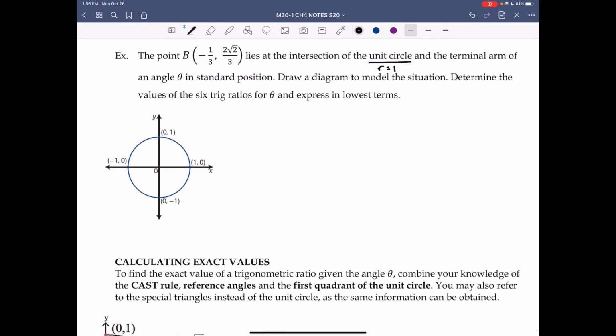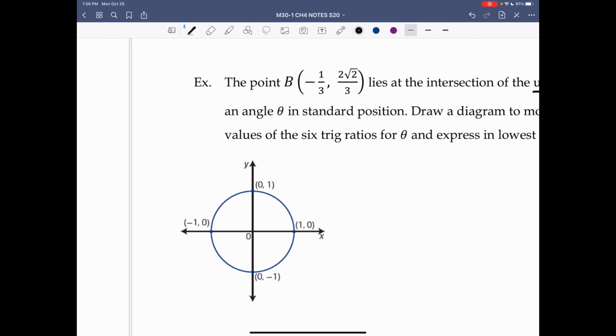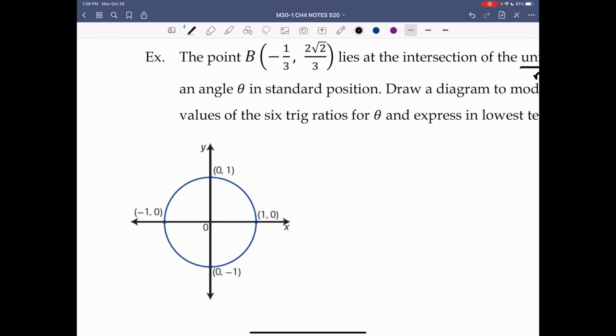So for the diagram, I'm going to super zoom in here. The x value of our point is negative 1 over 3. I can plot that point. Here at the negative x-axis on the unit circle, we have a negative 1. So if I split this section from 0 to negative 1 into 3 sections, each of those would be negative 1 over 3.